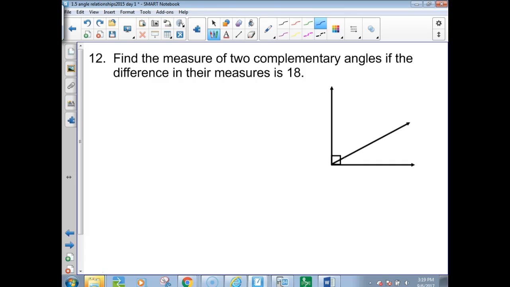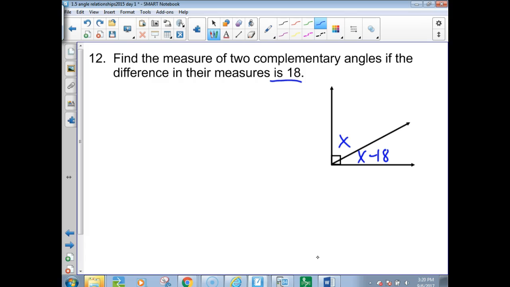Subtraction? Okay. So one's smaller than the other, right? All right. So let's let one of them be X. Big one or little one? Okay, good idea. Big one. And then I can write the little one is that same amount, my X, but I have to reduce it by 18.